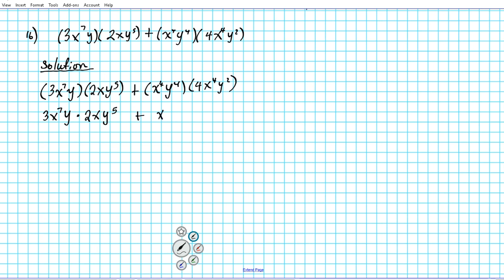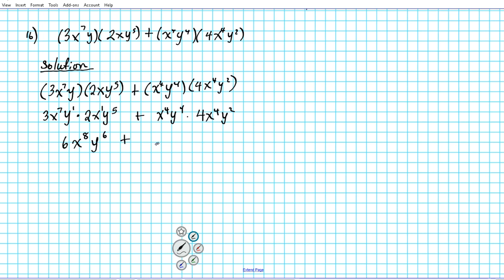This is just x to the 4th y to the 4th times 4x to the 4th y square. All right, so for the first product, 3 times 2 is 6. X to the 7, this has a power of 1, so 7 plus 1, that's 8. And then the y has an invisible power of 1, so y to the 1 plus 5, and that's 6.